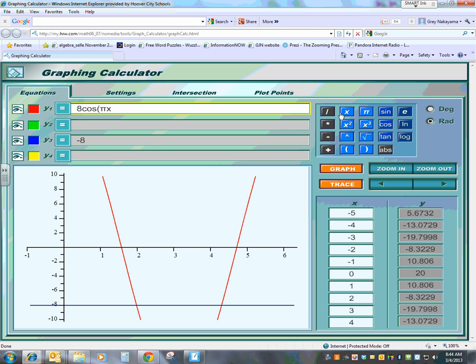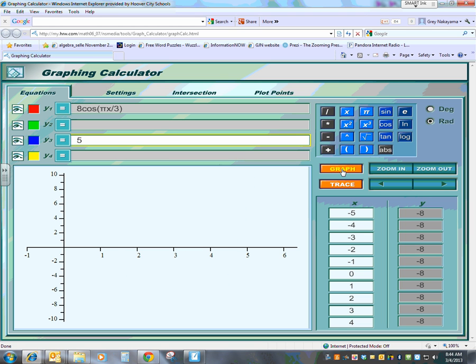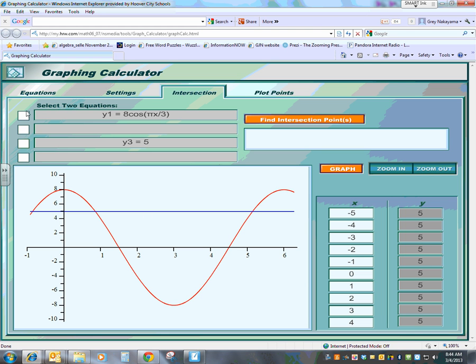So I'm going to put pi over x over 3. That's the same thing as pi over 3 times t. And my other value is going to be 5. So we'll hit graph. And again, we see our 2 points of intersection. So I'm going to click on intersection, select the two equations that I want to find the intersection points.